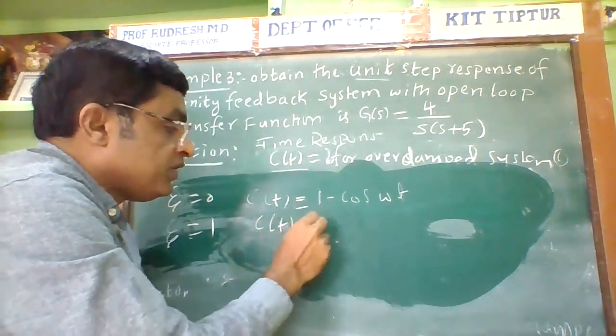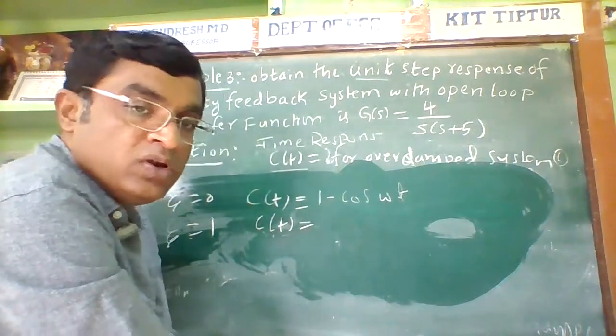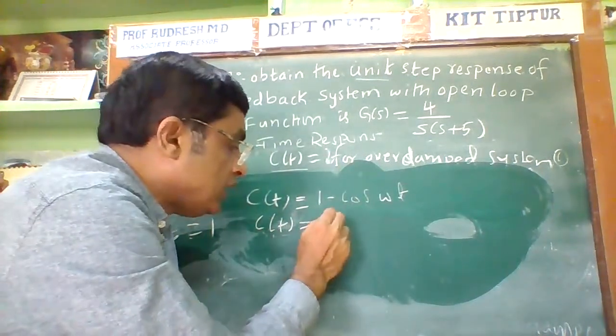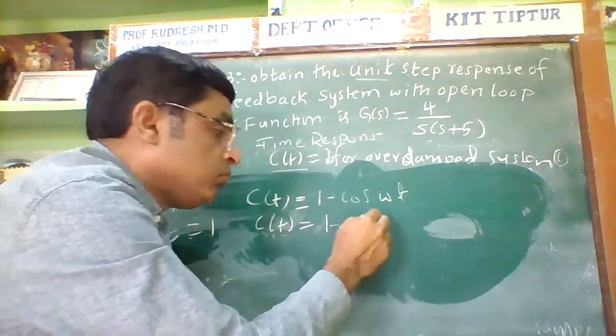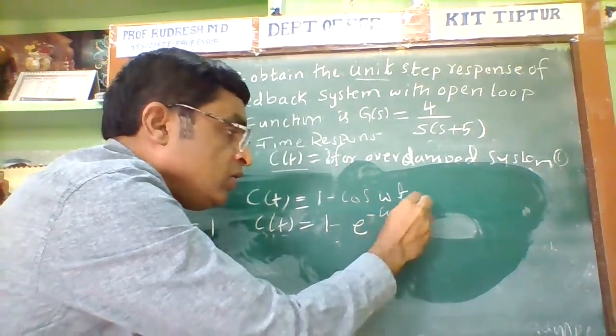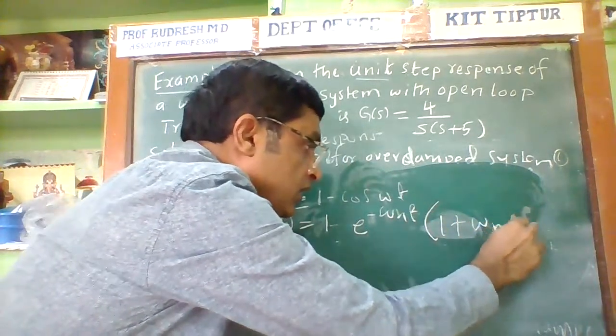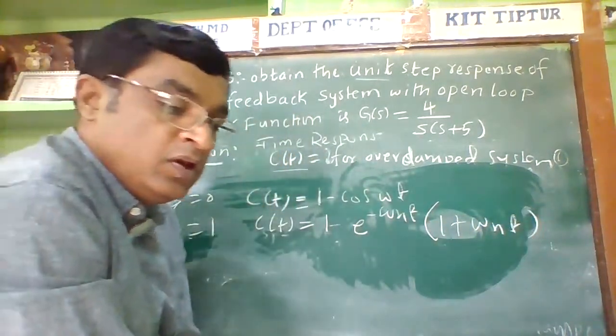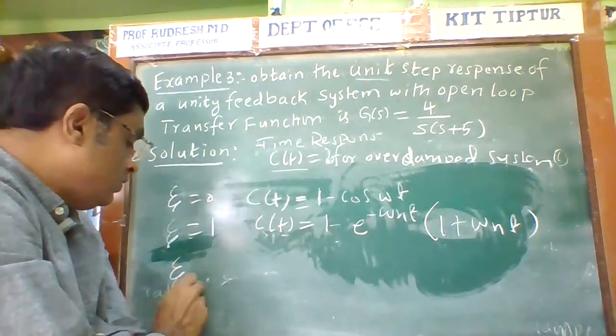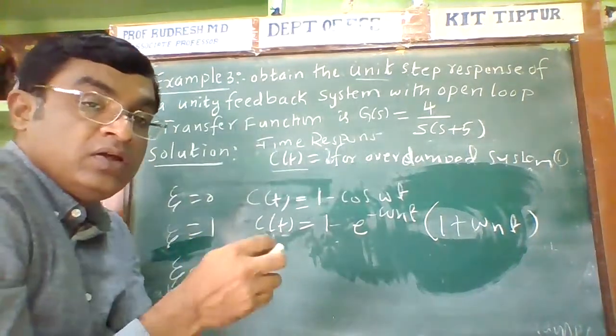The time response of the critically damped system for the unit step signal is 1 minus e power minus omega n t into 1 plus omega n t.